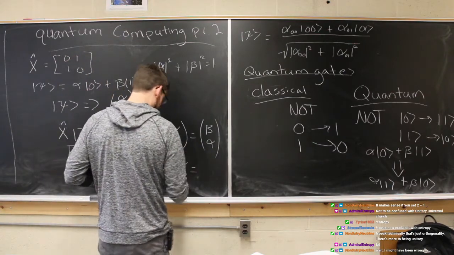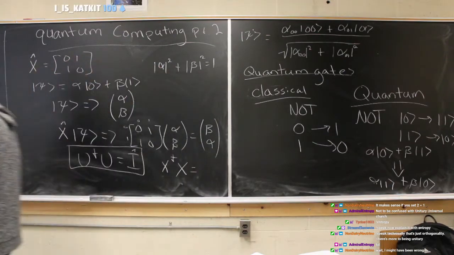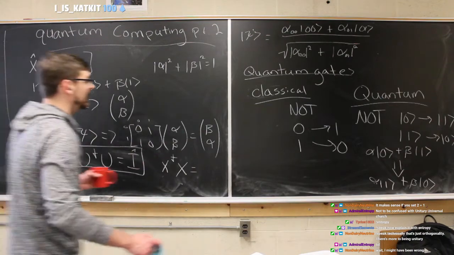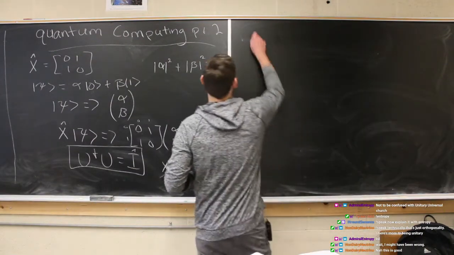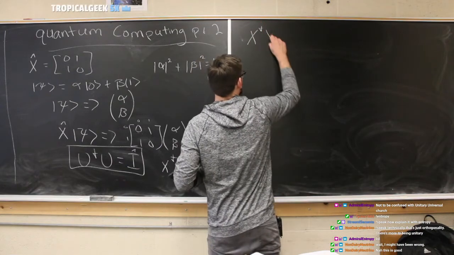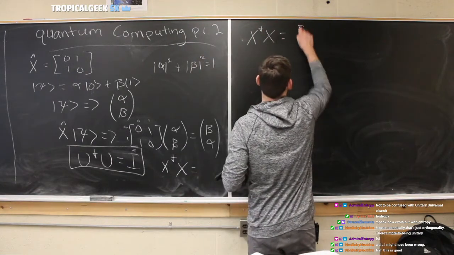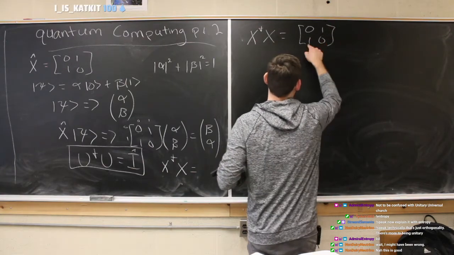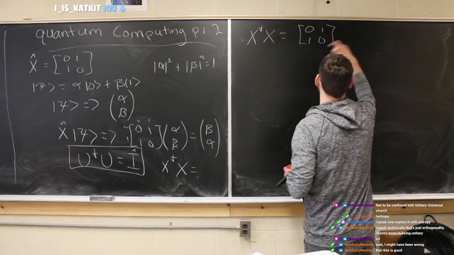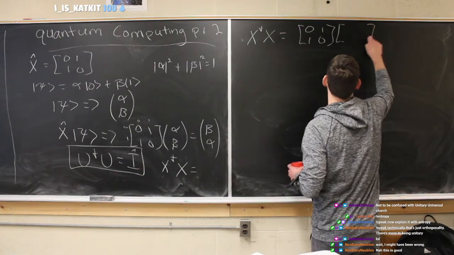But let's actually do this really quick, because it's worthwhile to see. If we wanted to do this calculation in matrix form, if we're going to switch the diagonal terms, it's still going to be 1 and 1. And there's no imaginary numbers in there, so there's nothing to complex conjugate.